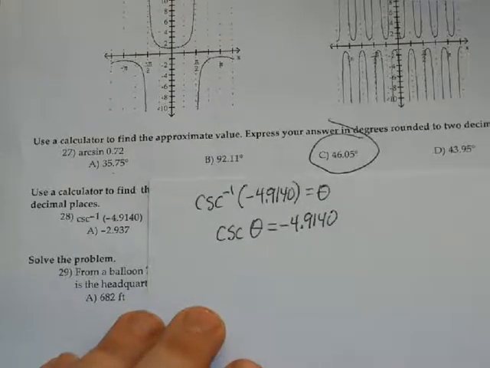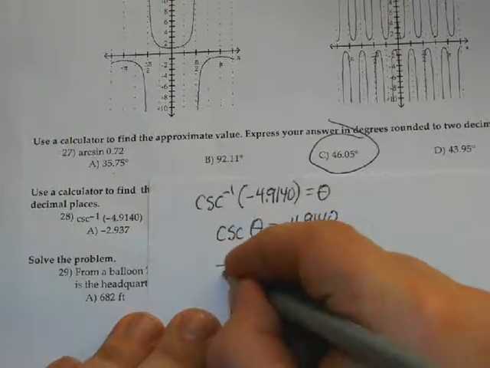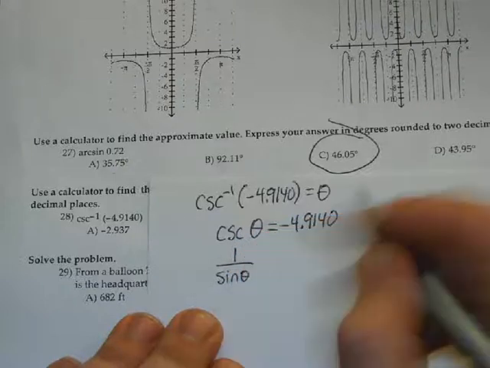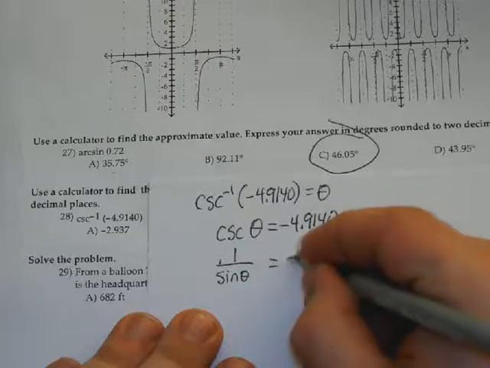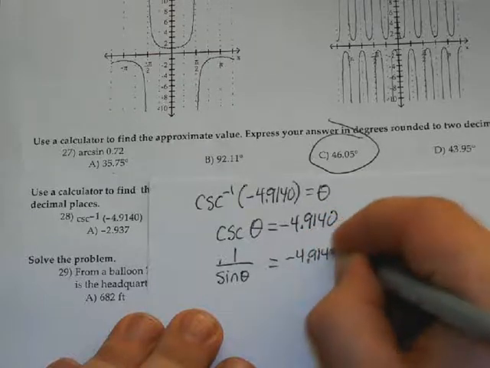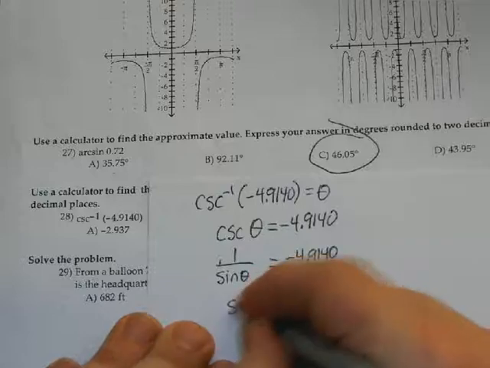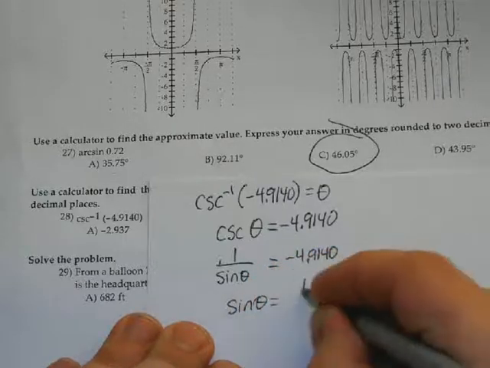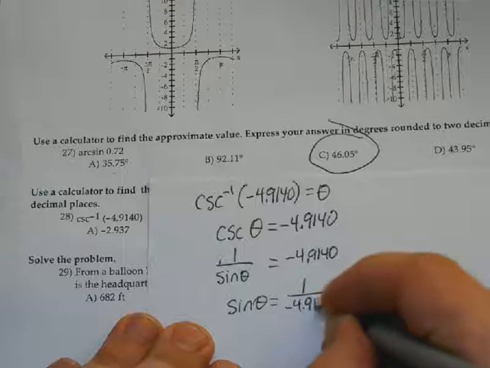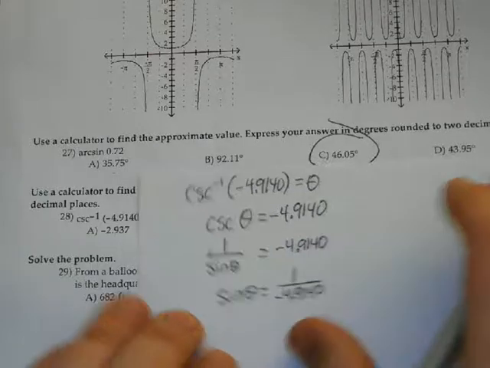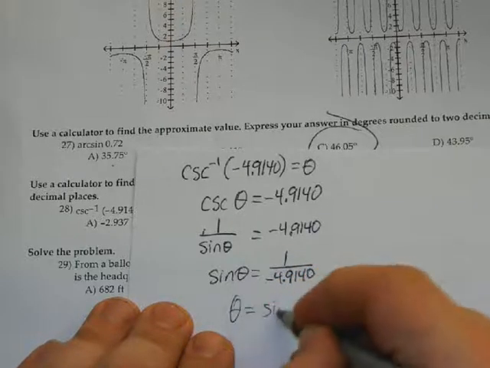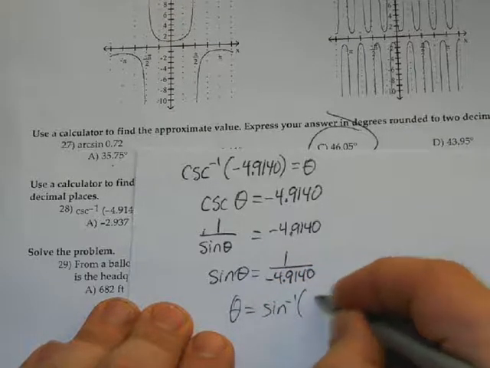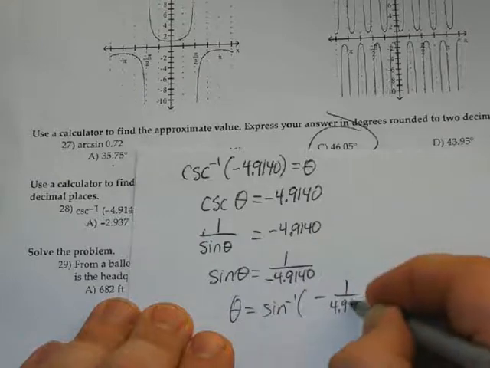And since cosecant is the reciprocal of sine, I know that sine theta would be equal to 1 over negative 4.9140. So theta is the arc sine of negative 1 over 4.9140.